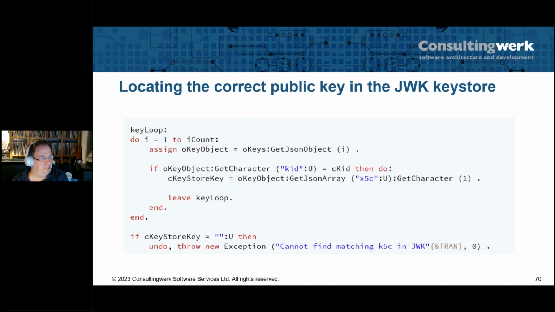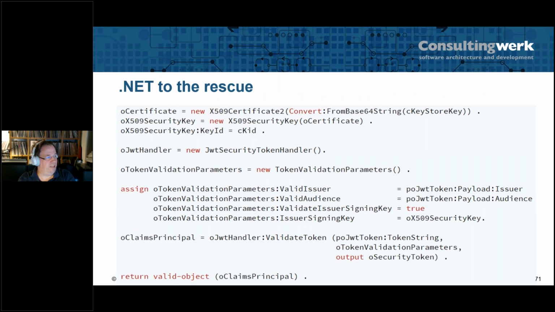So now that we know the key store key, we use the .NET framework. In the .NET framework, there are components. The X509Certificate2 imports the base 64 document. We then use that as the input to creating the X509SecurityKey. Then there's a JwtSecurityTokenHandler in the .NET framework.